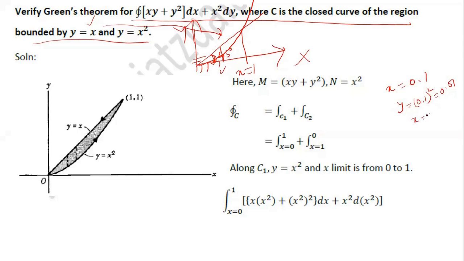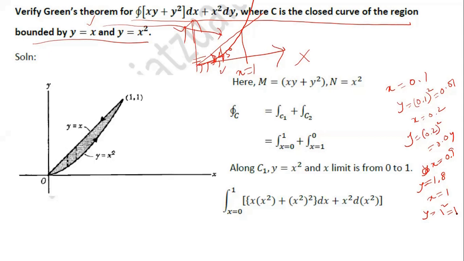If your x value is 0.2, your y value will be 0.2 squared, that is 0.04, like that. And when x value is 0.9, your y value will be 0.9 squared, which is 0.81. When x value is 1, your y value will be 1 squared, that is 1.